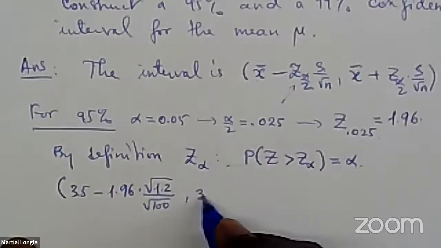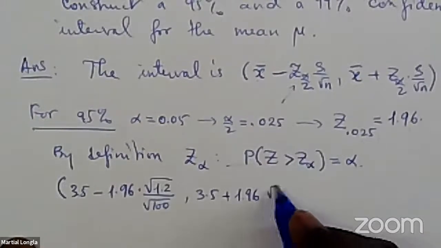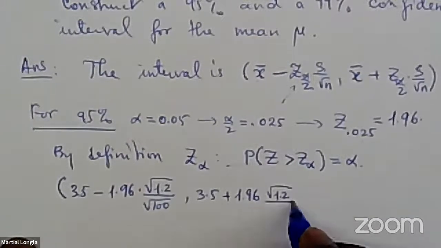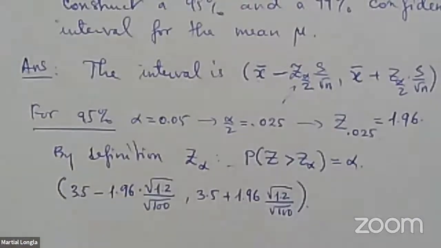So 3.5 minus 1.96 times square root of 1.2 over square root of 100. If you're happy, you can continue the computations, but for me, it's enough to write this down. Does that make sense now?